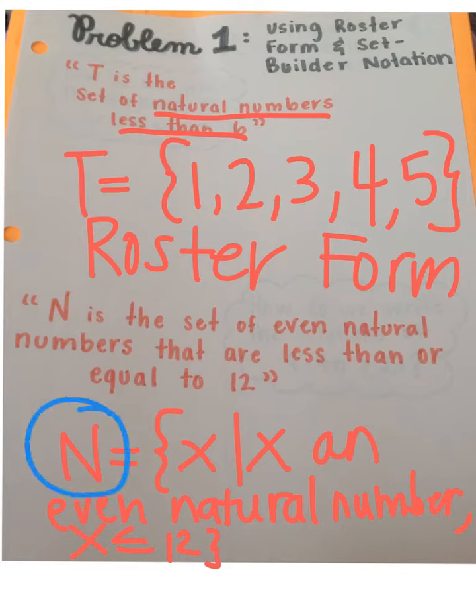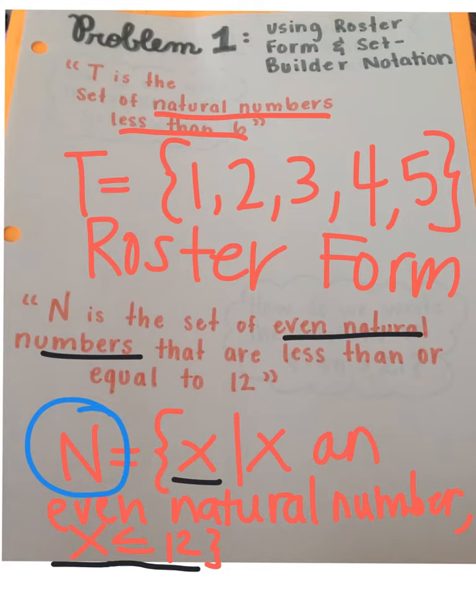So I just used that variable again, X is less than or equal to 12. So X represents any number within the set. The set name is N. Okay, I'm going to slide this up for a minute. If I was to write this, let me label this. So this is set builder notation.